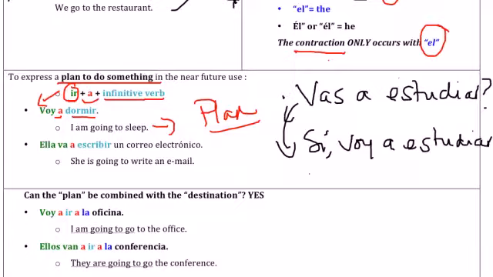The thing to keep in mind is that the grammar, ir, a, plus infinitive, in the question matches the grammar in the answer, ir, a, plus infinitive. Ella va a escribir un correo electrónico. And again, this could be turned into a question. ¿Ella va a escribir un correo electrónico? Sí. Ella va a escribir un correo electrónico.